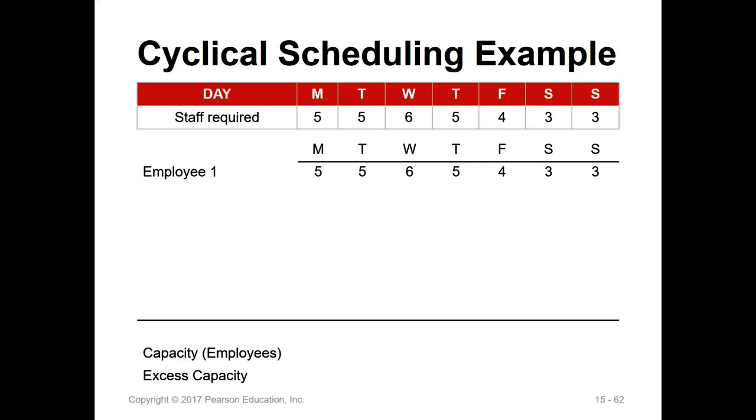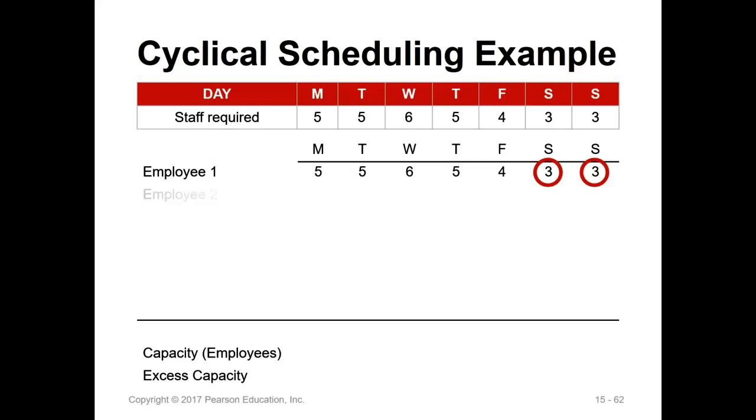This clinic, I guess, is a walk-in clinic because they open Saturday and Sunday as well. For employee 1, they find the smallest requirement. That means you can put employee 1 to rest on Saturday and Sunday.